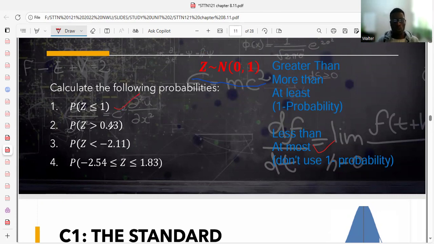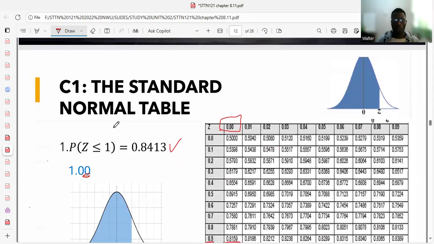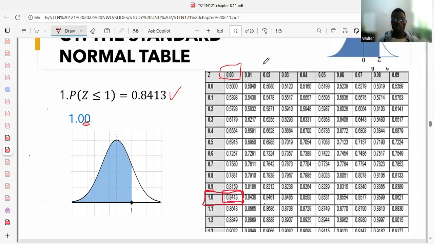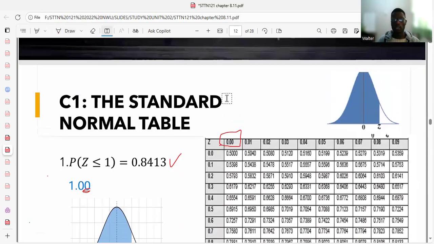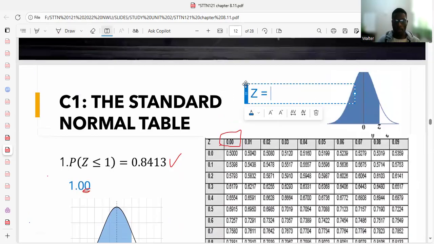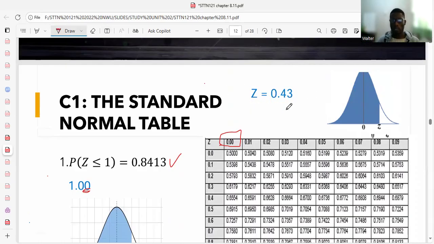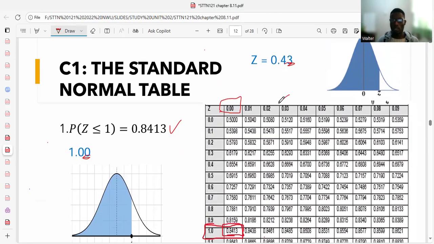Now for 2, they said the probability that z is greater than 0.43, so we're going to check 0.43. What is the last digit? It's 3. Remember, you divide 3 by 100 and you get 0.03, which means you check under 0.03.